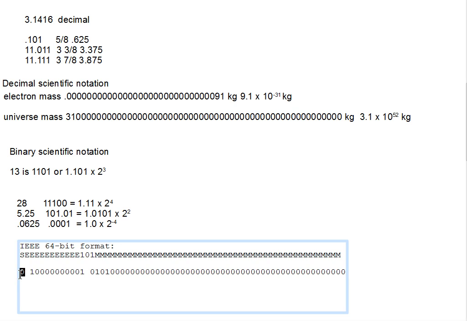Or, if you like, minus 23.25, which we don't actually have as an example.